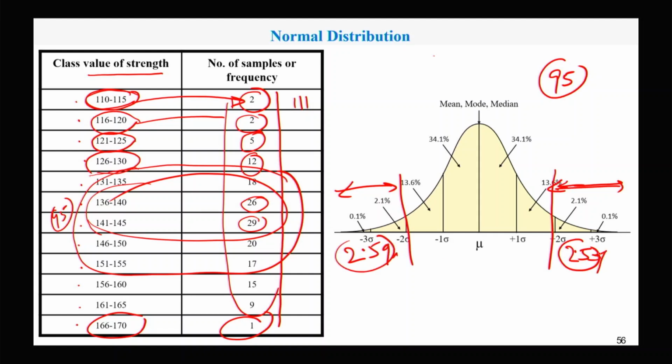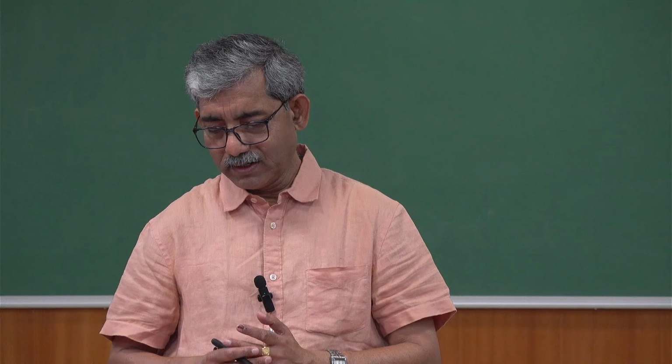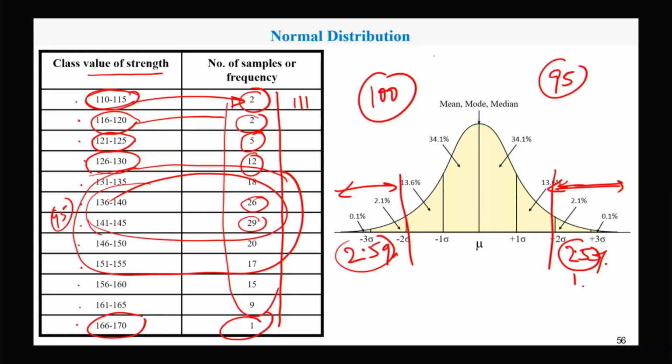That means we have taken 100 readings. So what does it mean? Beyond the 2 sigma limit, 2.5% means 1 in every 40 readings will be more than the plus 2 sigma limit, and 1 in 40 will be less than the minus 2 sigma limit.